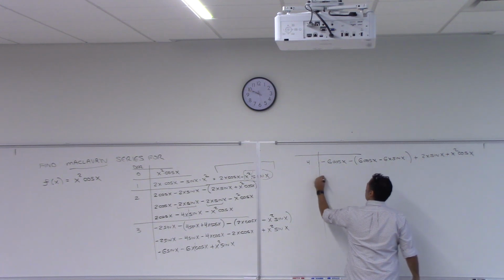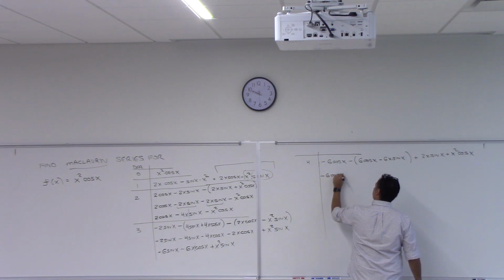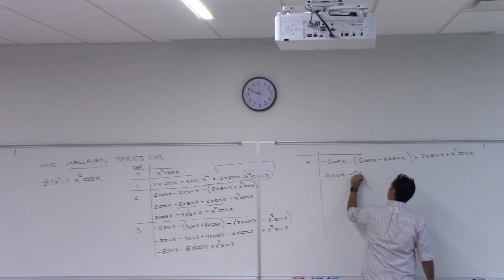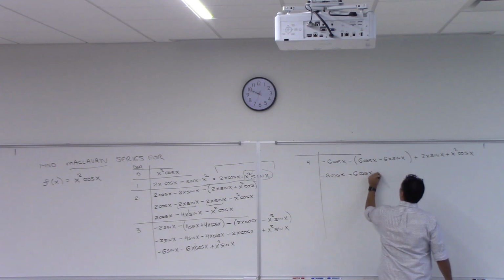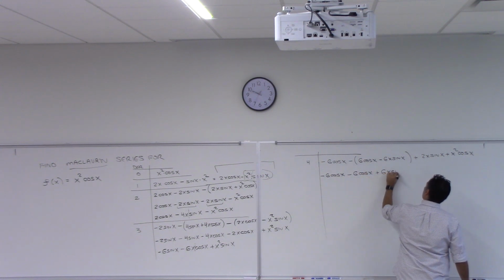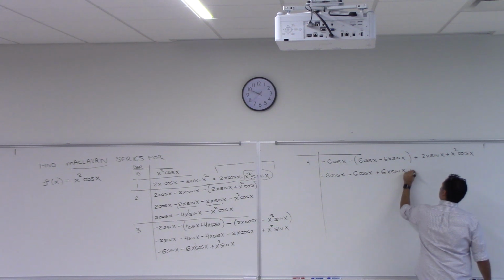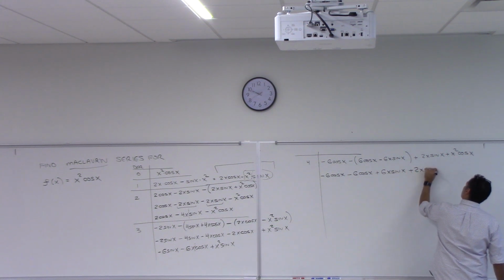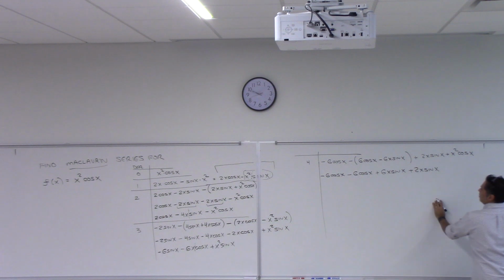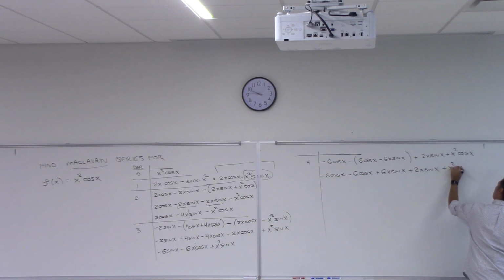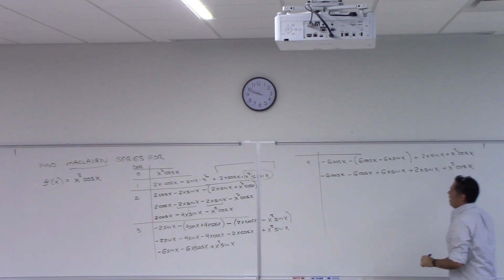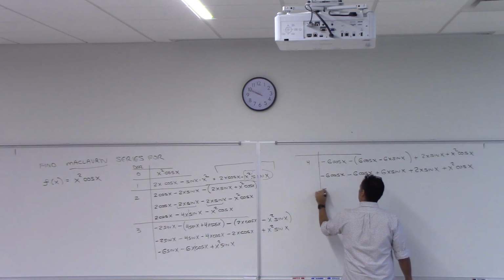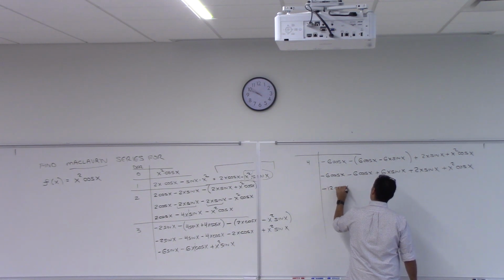This is negative 6 cosine x minus 6 cosine x plus 6x sine x plus 2x sine x, and then plus x squared cosine x. And cleaning that up, that's minus 12 cosine x.